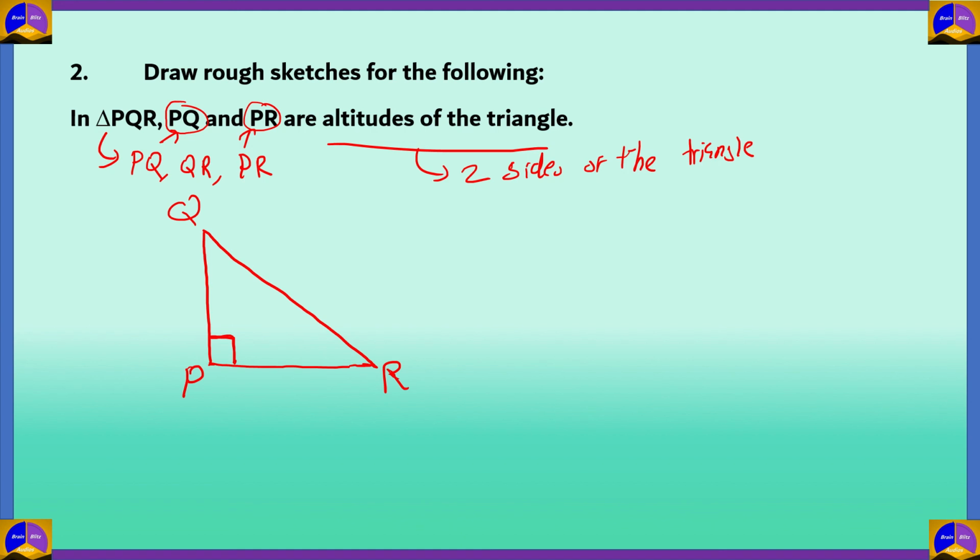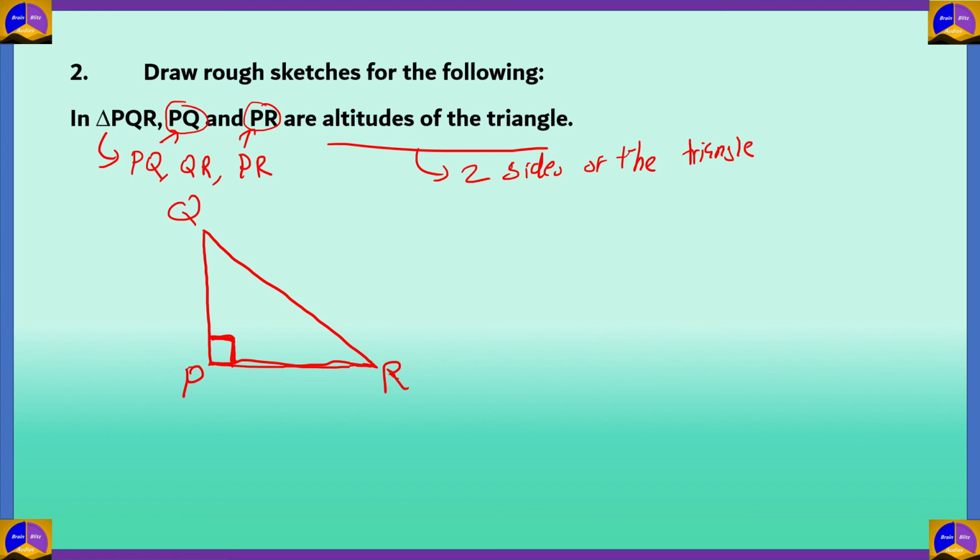So PQ is an altitude, and if we look at PR, just looking at it sideways, you can see that it also intersects at the same right angle. So PR is also one of the altitudes.